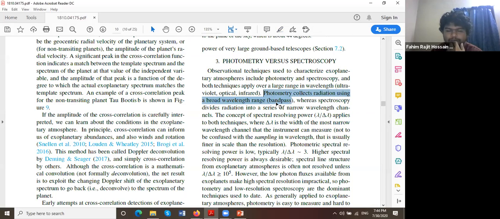But the disadvantage of spectroscopy is that it narrows down the wavelength region of the signal. So which method do we want for atmospheric science?